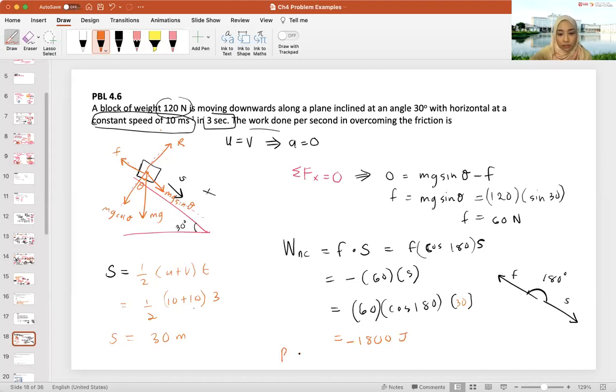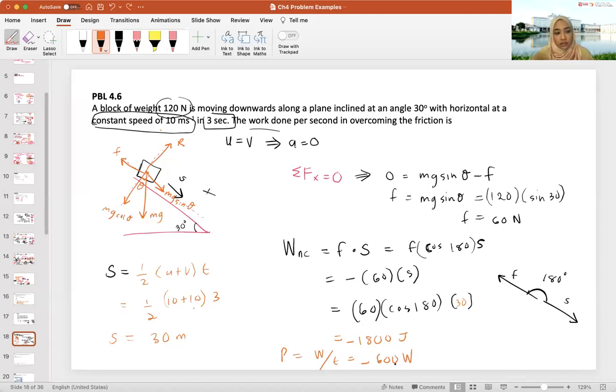So just find it as usual. Work done is over time, so you would get 1,800 divided by 3, which gives 600 watts. You can include the negative sign if you want, it doesn't matter.